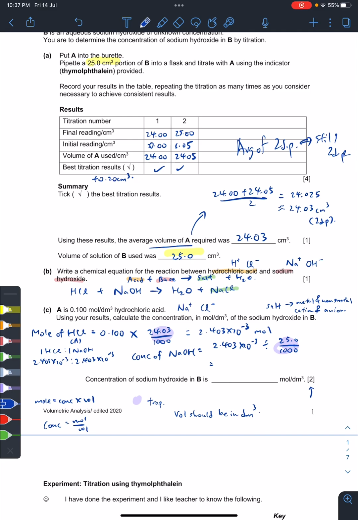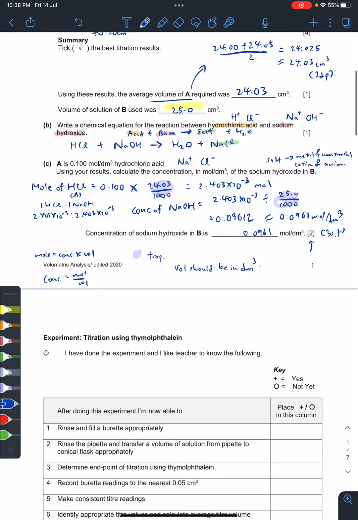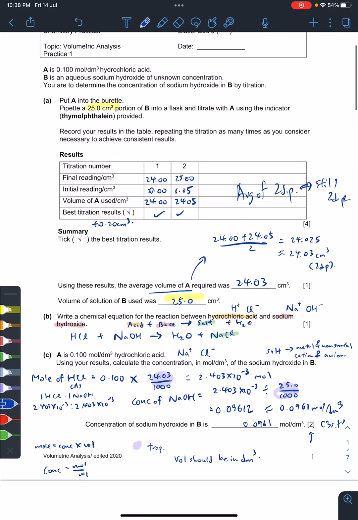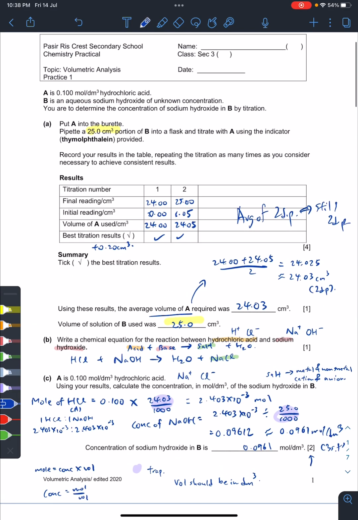Which is a final answer of 0.09612. Do you give this as the final answer? No. Remember 3SF. 0.0961 mole per dm cube. 3SF. Yay! That's it. So that is how the calculation would be.